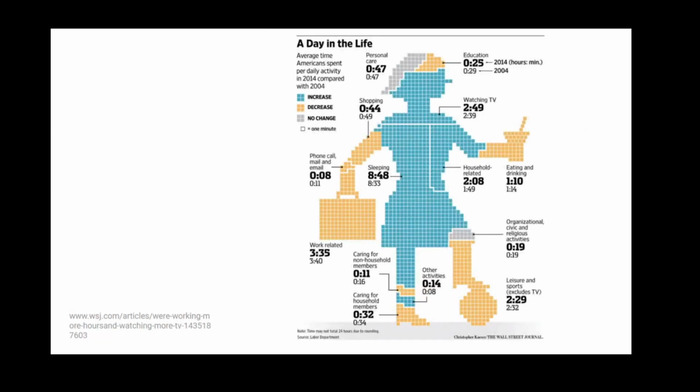Another example would be this popular article by, I think, the Wall Street Journal. And here again, instead of simply showing how different areas relate to each other, okay, here's a figure, but what really allows anyone to get a good feeling for how the different parts of daily activities relate to each other in the amount of time is that you can just count every little square and add them up.